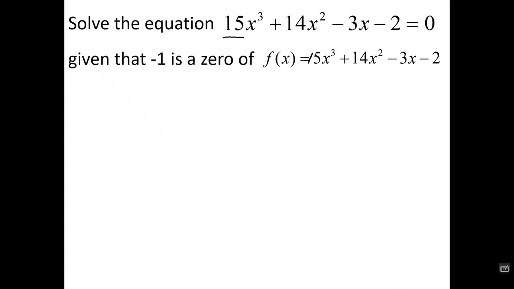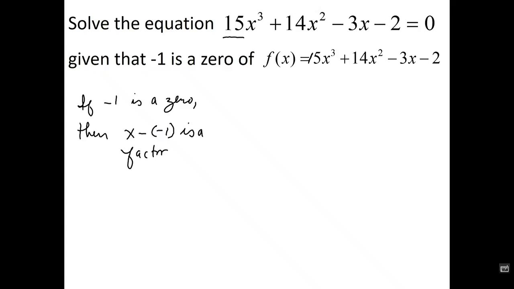So it says that minus 1 is a 0. If minus 1 is a 0, then from the factor theorem, we know that x minus a negative 1 is a factor. c in this case is a negative 1.